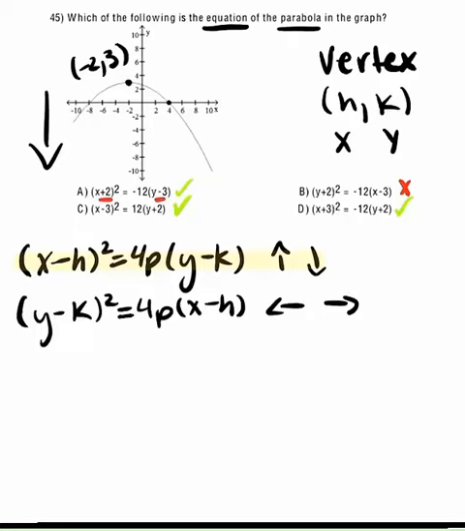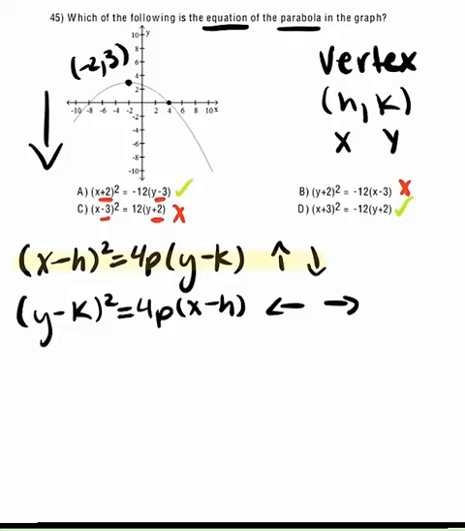respectively. As we see in A, -2 and 3 both represent h and k respectively, so A is still correct. In letter C, we see that 3 is h and -2 is k, which is incorrect.